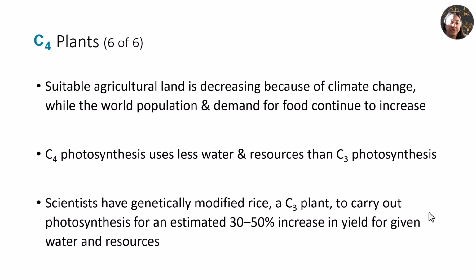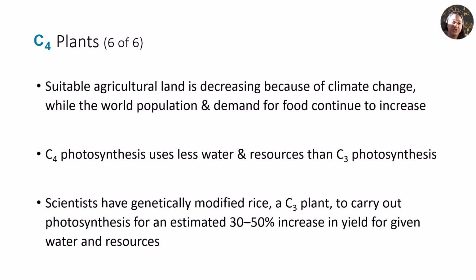And suitable agricultural land is also decreasing because of climate change, while the world population and demand for food continue to increase. So we might end up depending a lot more on C4 photosynthesis than C3, because C4 photosynthesis uses less water and resources than C3 photosynthesis.